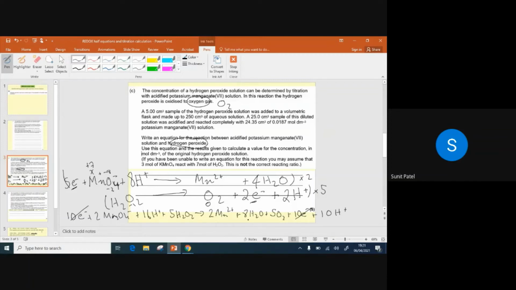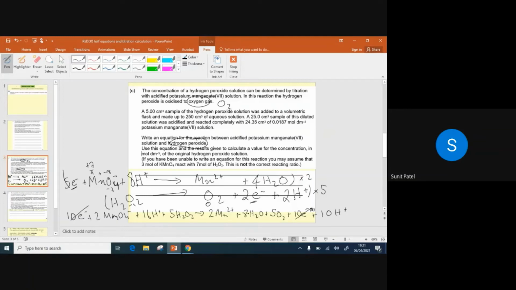Here, let's have a look. I've got 8, add 5 lots of 2, so 10, so 18 again on this side. Oxygens are balanced. I've got how many H pluses? I've got 16 H pluses there, plus 5 lots of 2, so that's 10, 26 on this side.